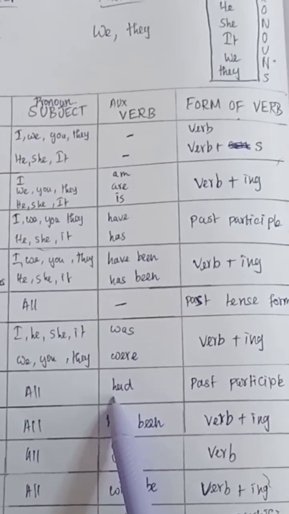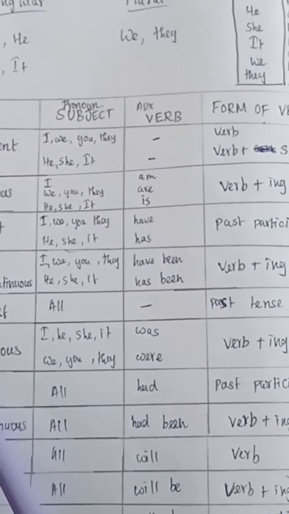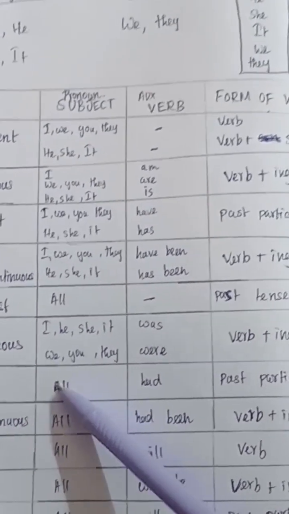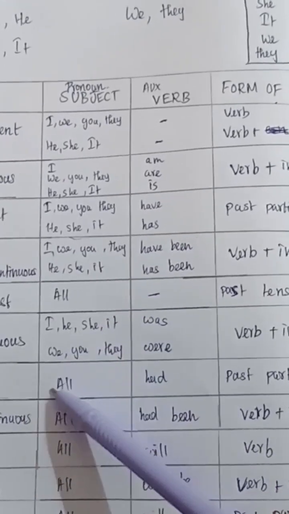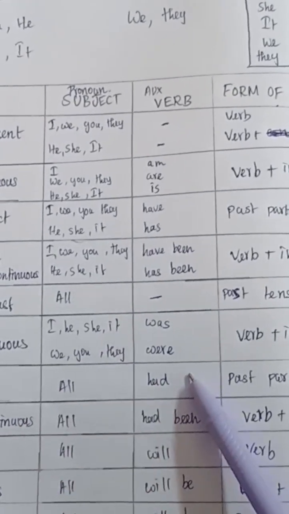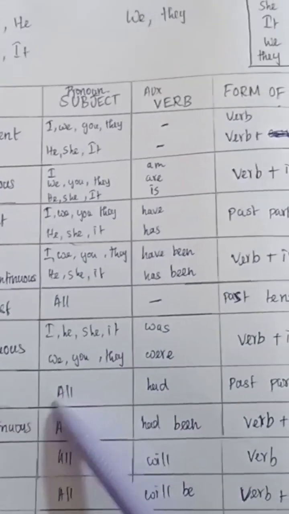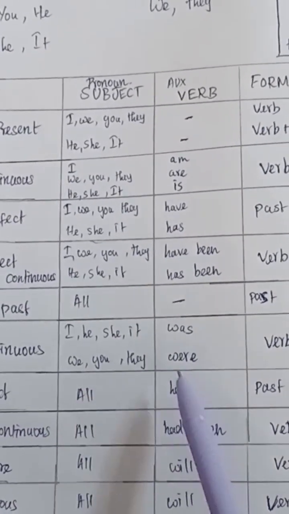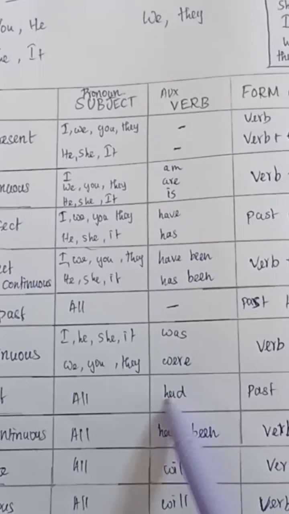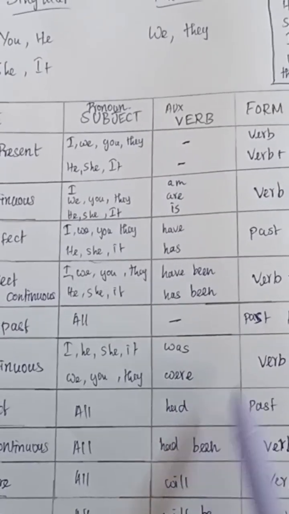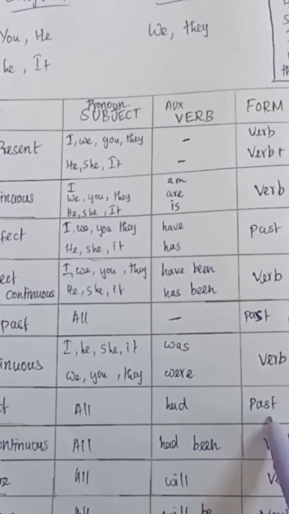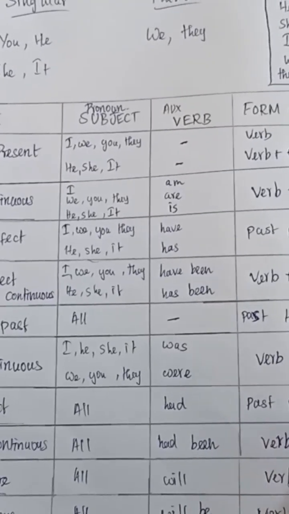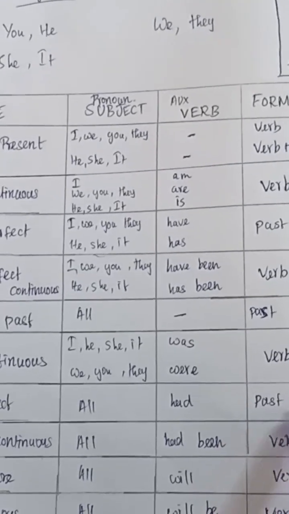So here also, all of the pronouns can be combined with any of these. So in past perfect, I, and the auxiliary is had, and the form of verb is past participle, that is written, the third form of the verb.